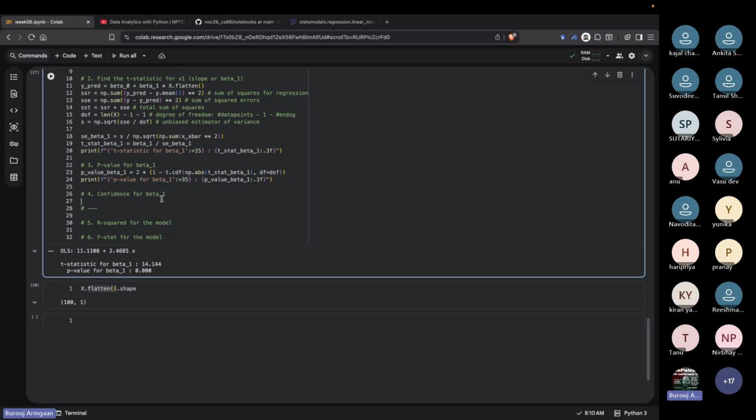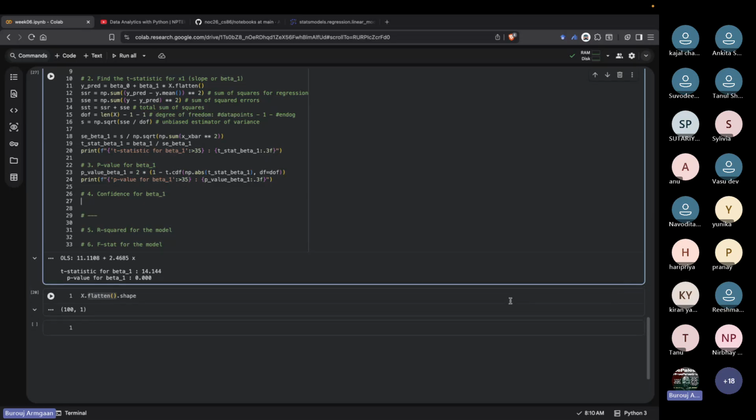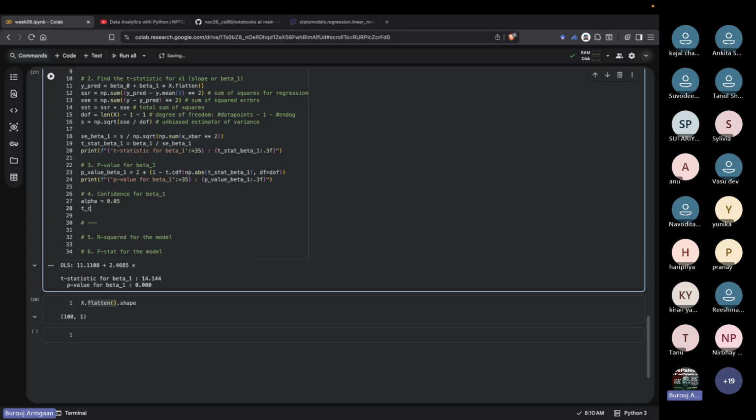more text about. Now, going to the confidence interval for the same thing, how do we compute the confidence interval? We have an alpha of 0.05 because we need a 95% confidence interval. For the confidence interval, we would need the T critical value, which would be T dot ppf, which is the reverse of your CDF.